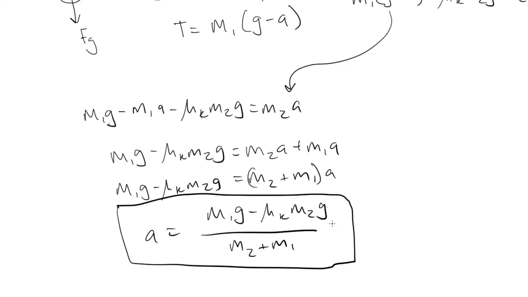If you did plug and chug, you would get something like 5.17 meters per second squared. So if you actually want to check your calculator ability, I got 5.17 meters per second squared, which is, yes, slower than gravity. So I know it's got to be slower than gravity.